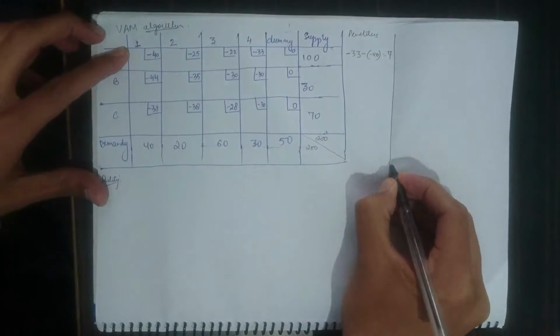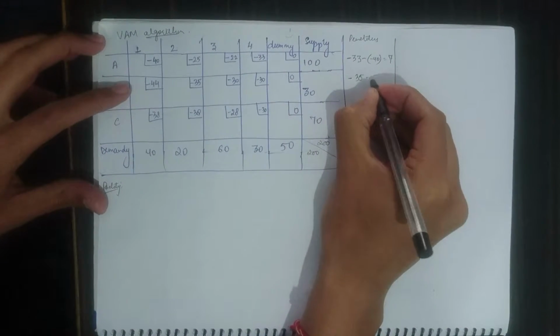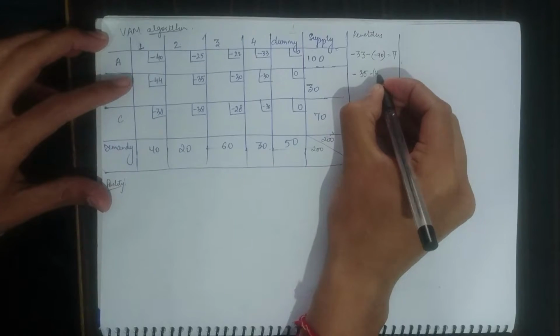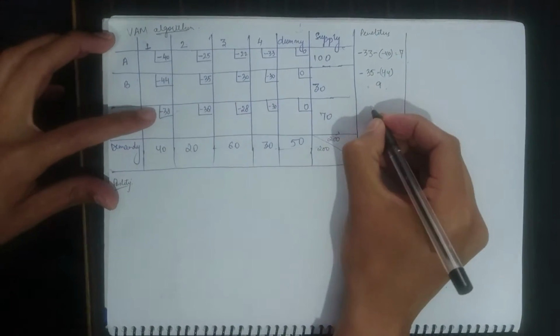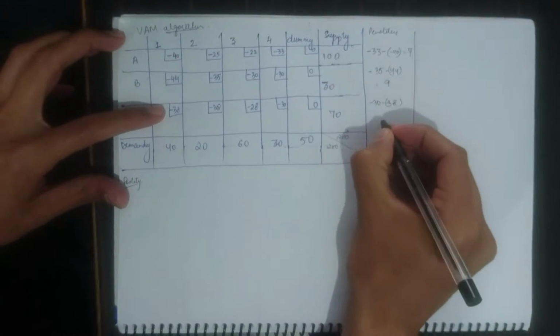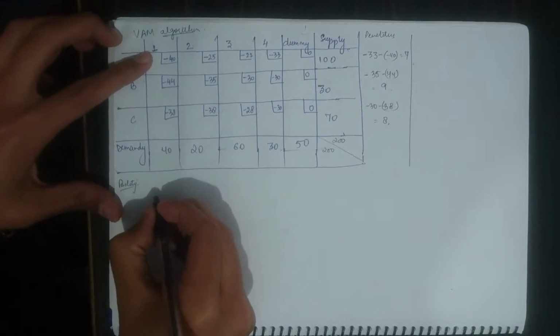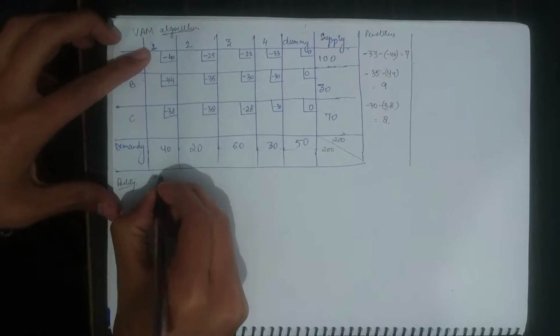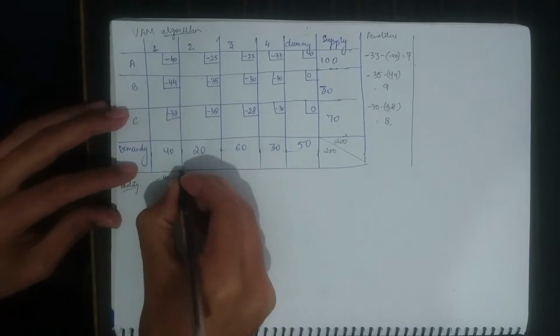Okay. Here minus 35 minus 44, which is 9, minus 30 minus 38, which is 8. Here minus 40 minus 44, which is 4.